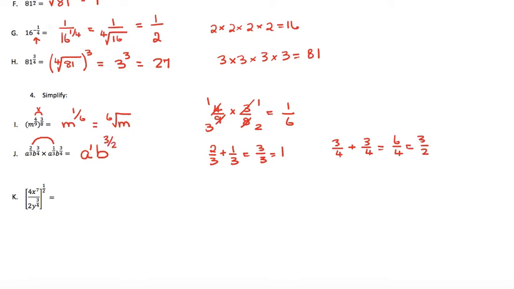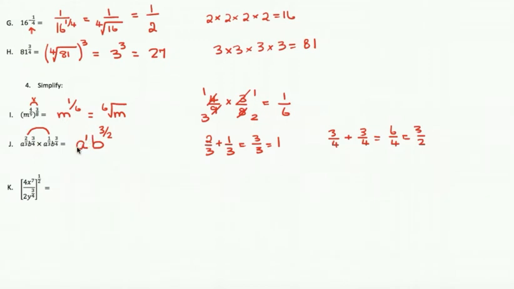Let's have a look at the last example. We've got 4x to the power of 7 over 2y to the power of 3/4, everything to the power of half. So let's expand the brackets. Let's get rid of the brackets first. So we've got 4 to the power of half, x to the power of 7 over 2, because I'm multiplying the 7 by half.